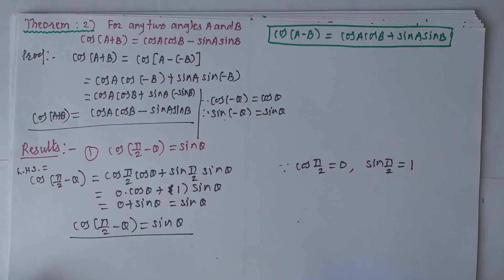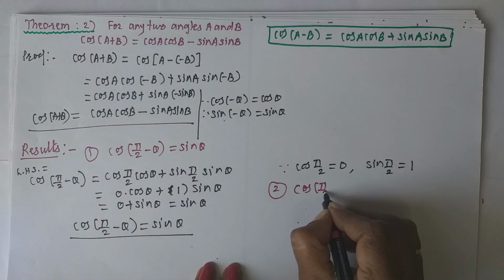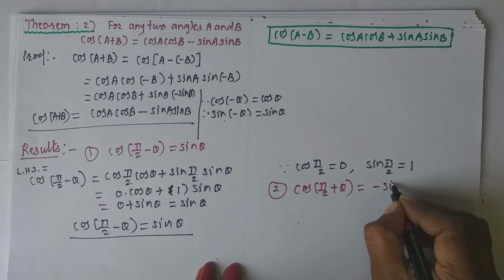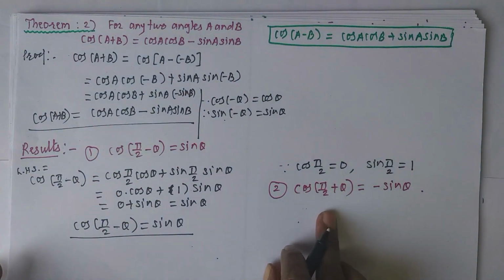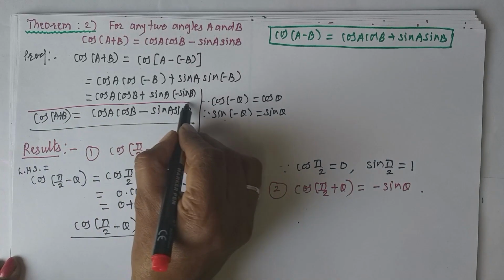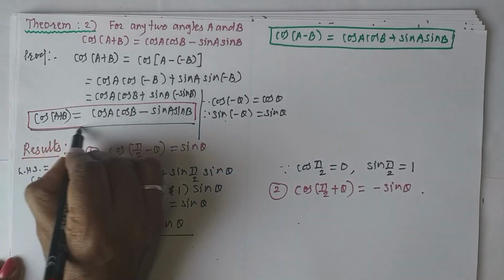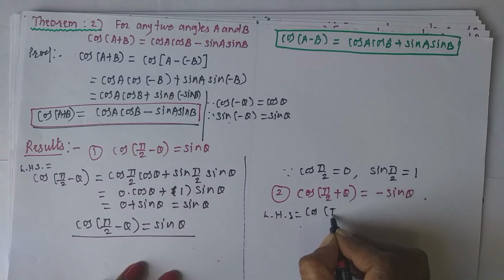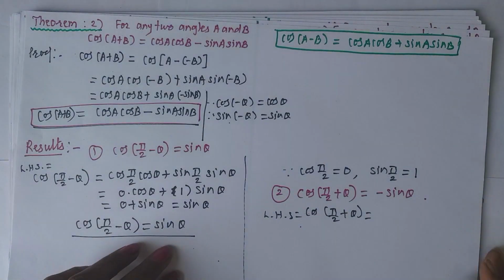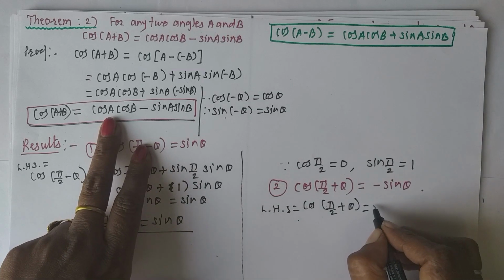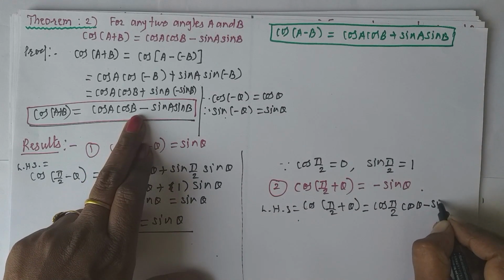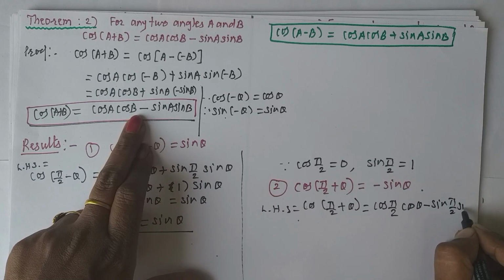Then we will see the second result: cos pi by 2 plus theta is minus sin theta. For plus you use this formula. Take the left hand side, cos pi by 2 plus theta, and using this formula this will be cos pi by 2 cos theta minus sin pi by 2 sin theta.